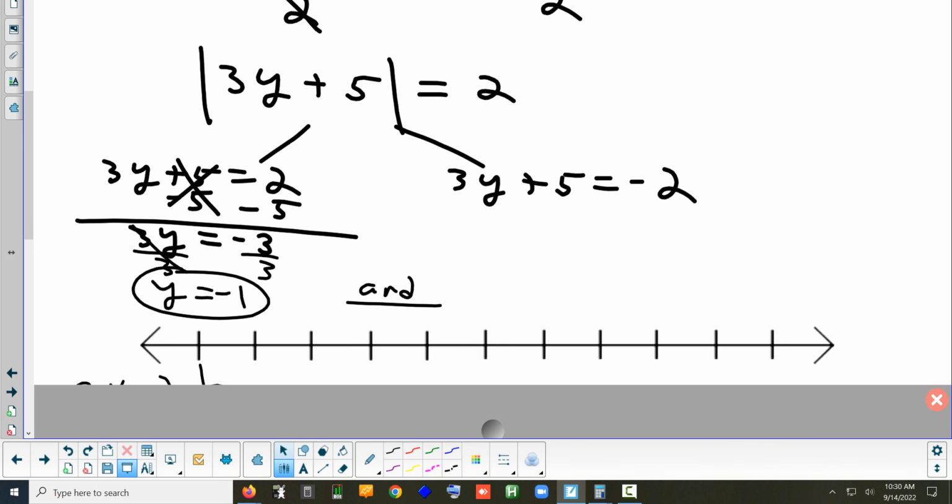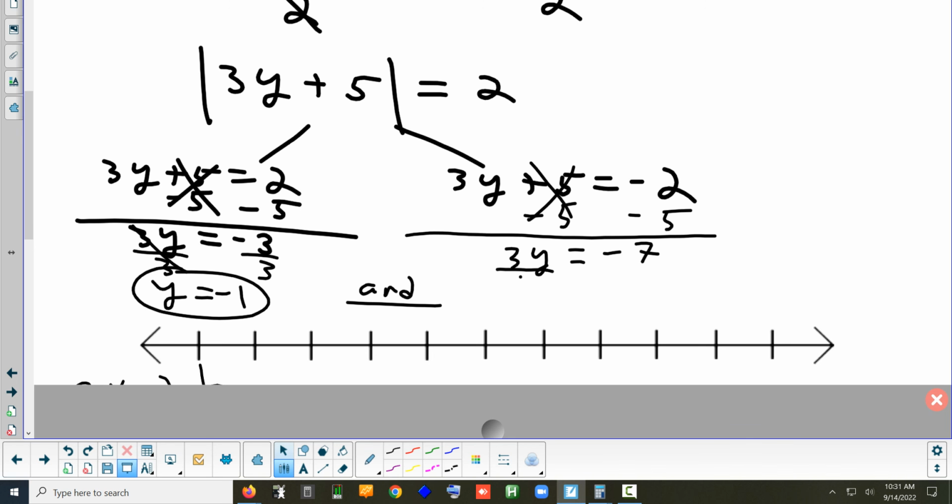And now do the same steps to solve the other equation. Okay. Minus the 5 on both sides. That's gone. What's negative 2 minus 5? Yeah? Negative 7. Negative 7. Now, this one's not going to come out nice.